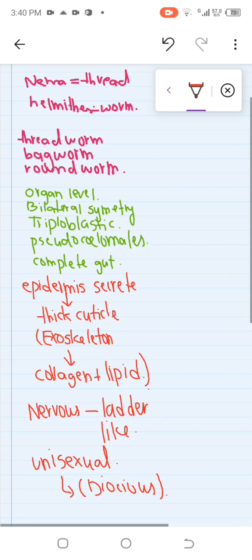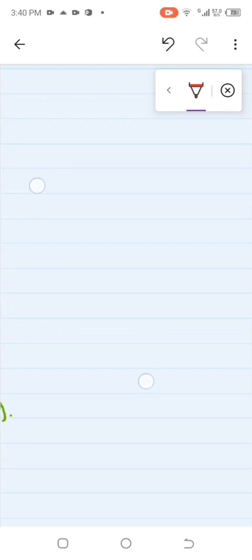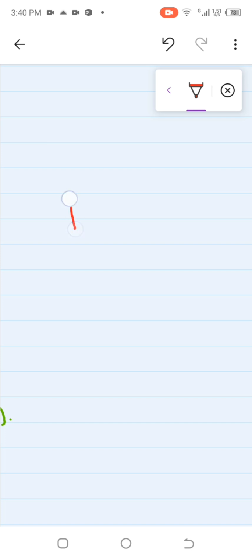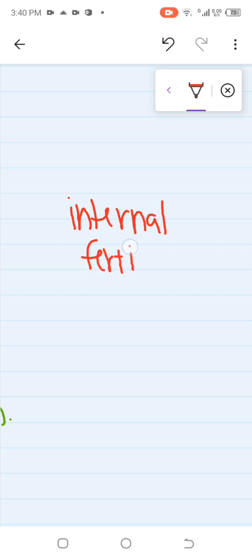They have internal fertilization. They are sexually dimorphic, meaning the sexes are different.